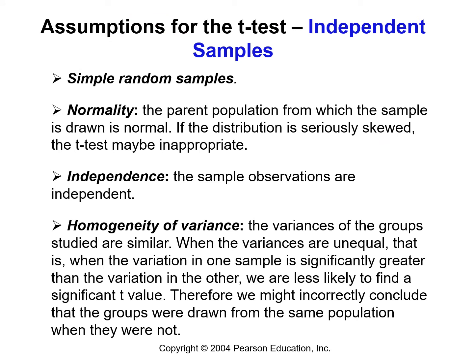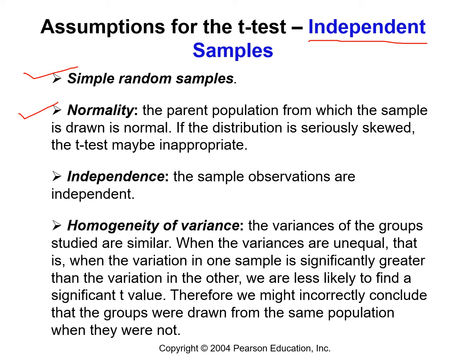Here we have the statistical assumptions for using the t-test for independent samples. Let us start with independent samples. Number 1, simple random samples: samples should be taken in a simple random way. Number 2, normality: the parent population from which the sample is drawn is normal.